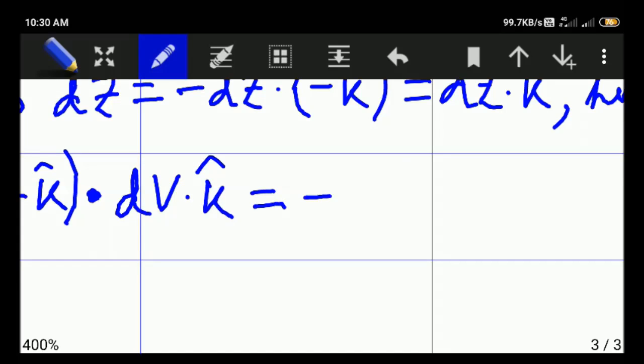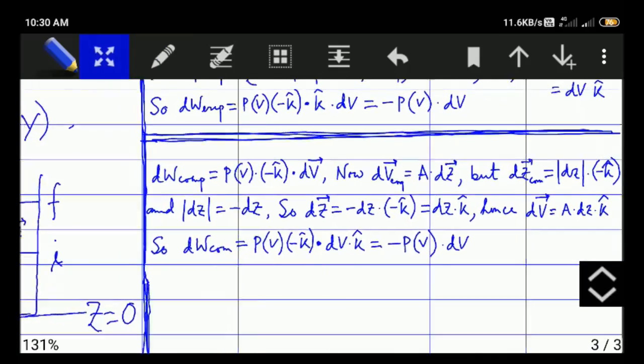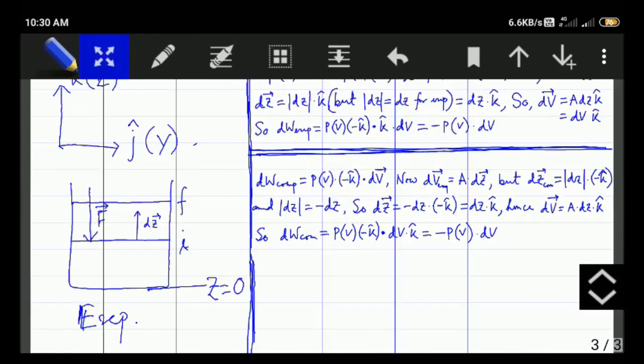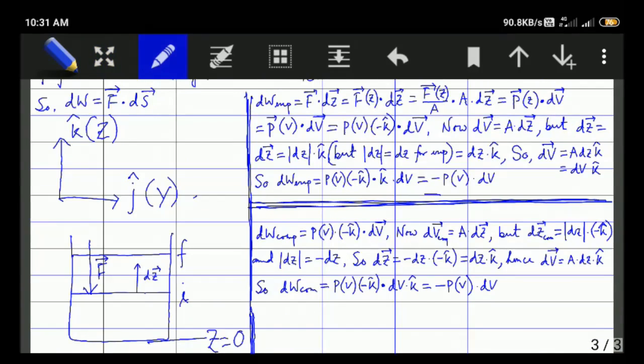Now we see both for expansion and compression, dW expansion is minus P dV, and dW compression is also minus P dV.